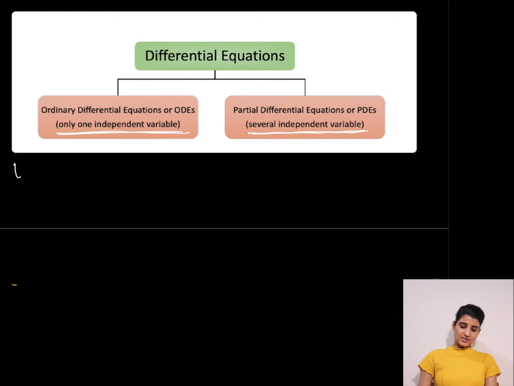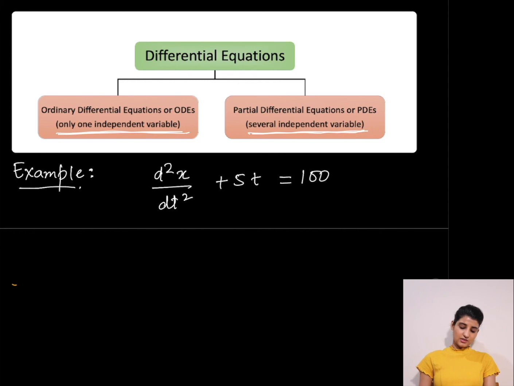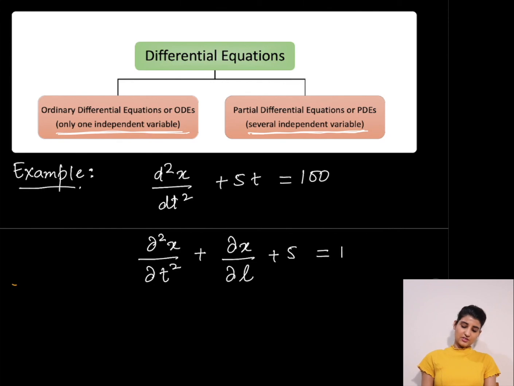Let me give you some examples. d square x over dt square plus 5t equal to 100. And d square x over dt square plus dx over dL, say any other quantity L, plus 5 equal to 100.